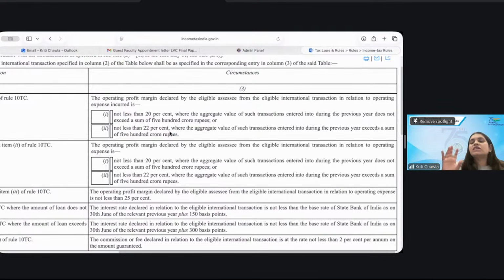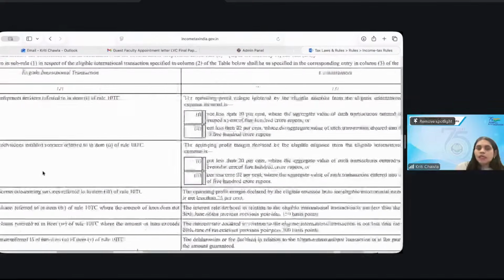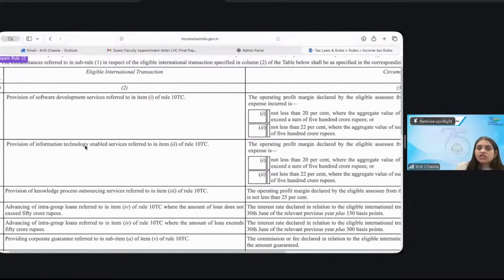So, meaning to say that they've given a safe harbor for software development services. For software development services, the kind of margin that should be achieved should not be less than 20% and should not be less than 22%, depending upon the value of such transactions. Similarly, they have done it for information technology enabled services, ITES.